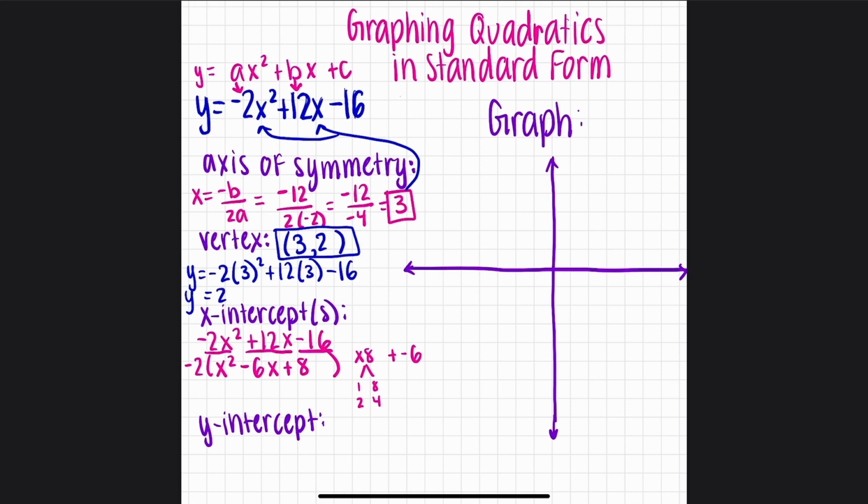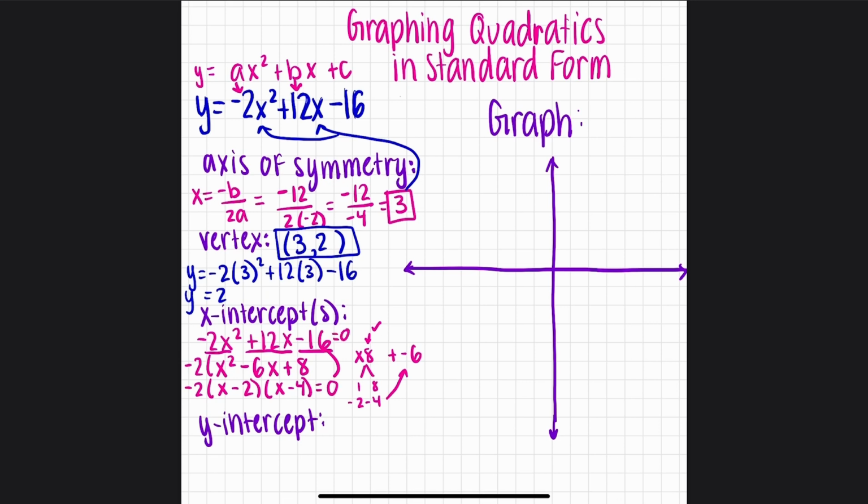If I make negative 2 and negative 4, negative 2 times negative 4 is positive 8, so that checks out. And negative 2 minus 4 gets me negative 6. So I'm left with this equation, negative 2 times x minus 2 times x minus 4. And I'm going to set that equal to 0.